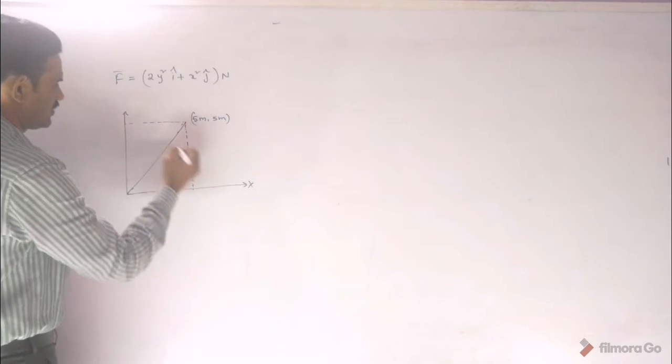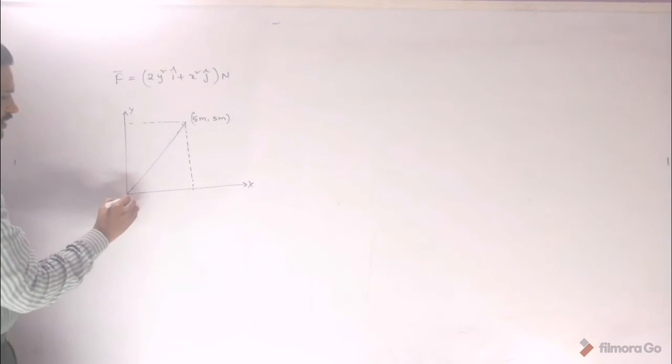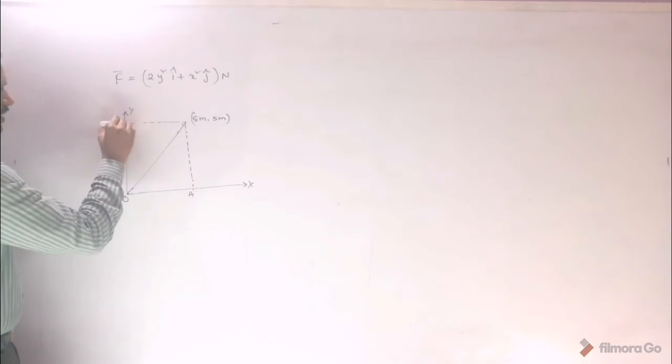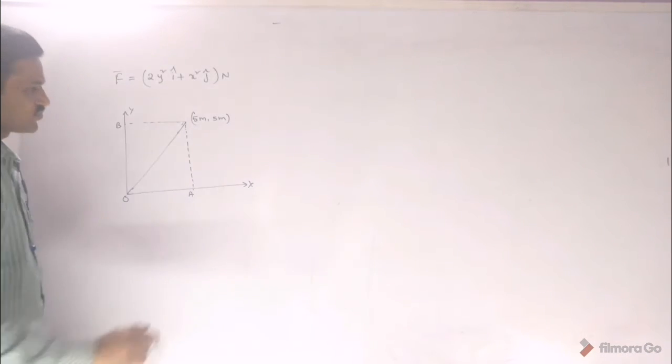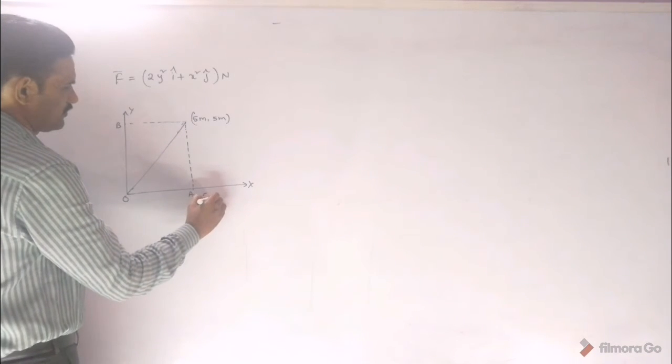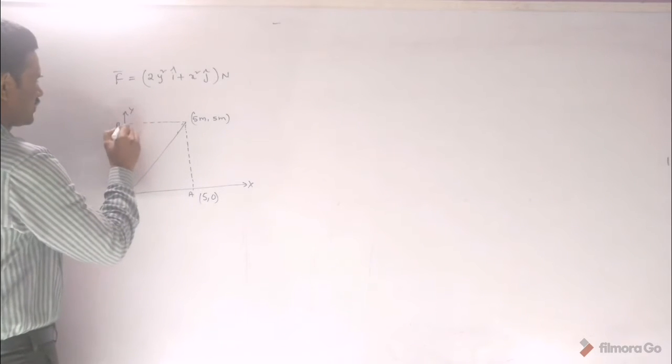So that means this is shown in this diagram. This is O, A, B I am taking, right? So this A is 5 comma 0 and this B is 0 comma 5.